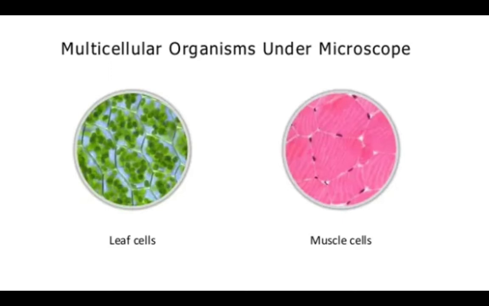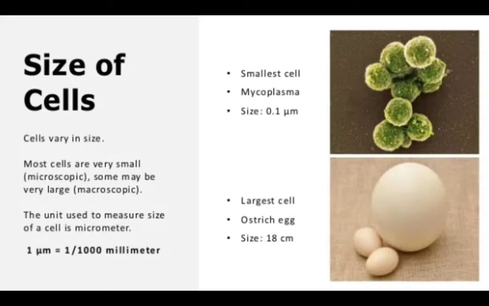So let's go to the size of the cell. Cells vary in size. Most cells are very small, microscopic, but some may be very large. Macroscopic means large, microscopic means small.